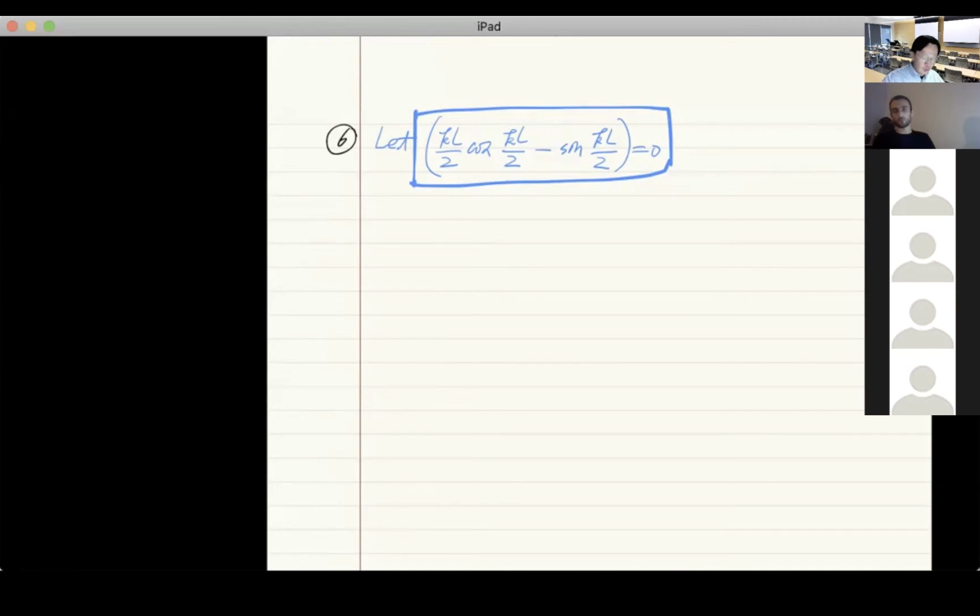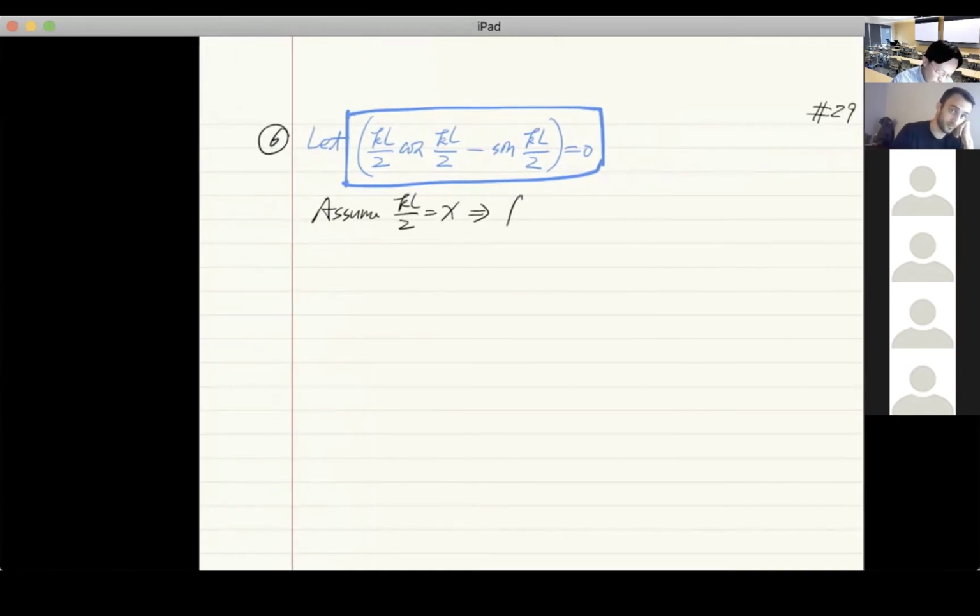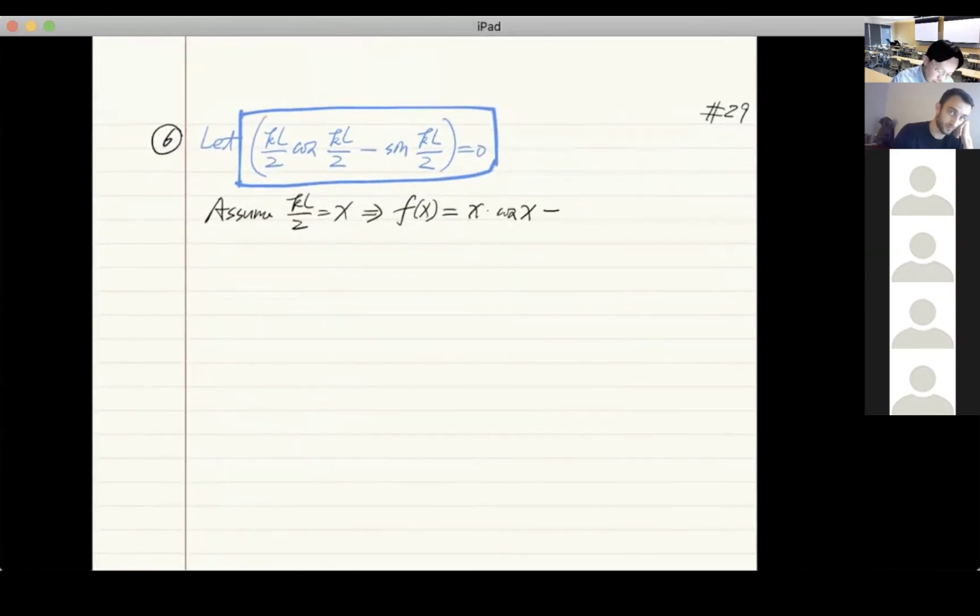For those of you who know how to write programs to solve this problem, this can actually be solved very easily by assuming k over 2 to be x. Then what you need to do is simply find this function, f of x equals x times cosine x minus sine x.